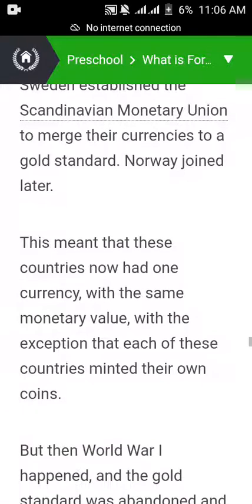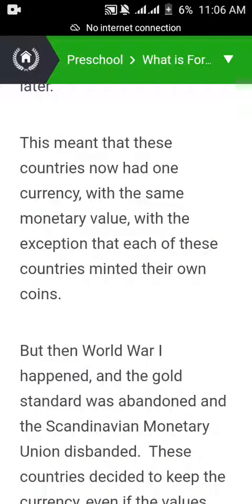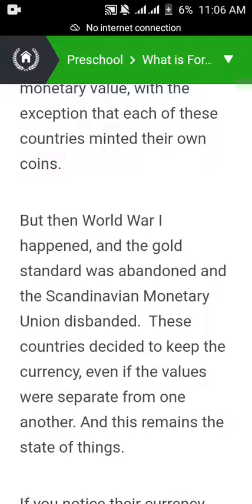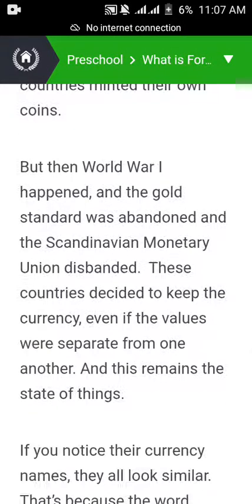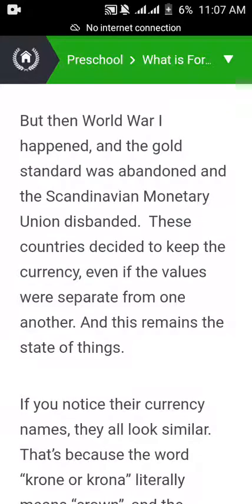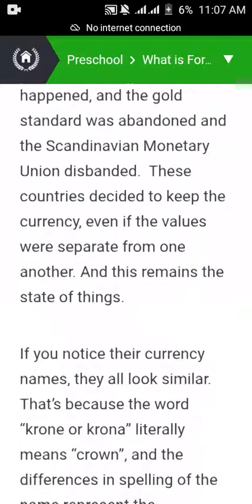Norway joined later. This meant that these countries now had one currency with the same monetary value, with the exception that each of these countries minted their own coins. But then the First World War happened, the gold standard was abandoned, and the Scandinavian Monetary Union disbanded. These countries decided to keep the currencies even if the values were separate from one another. And this remains the state of things.